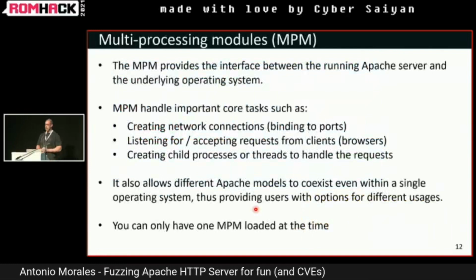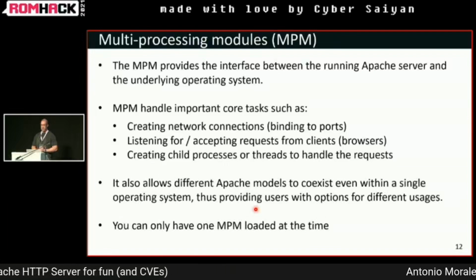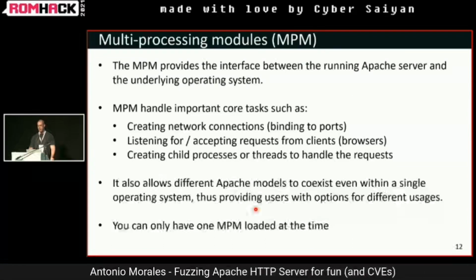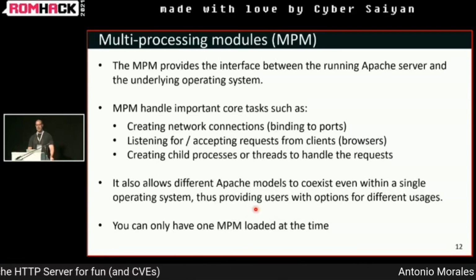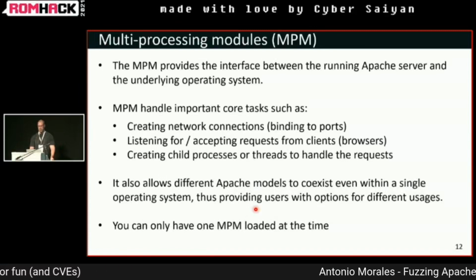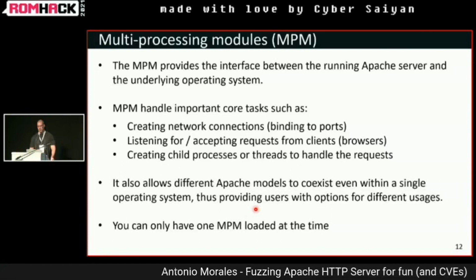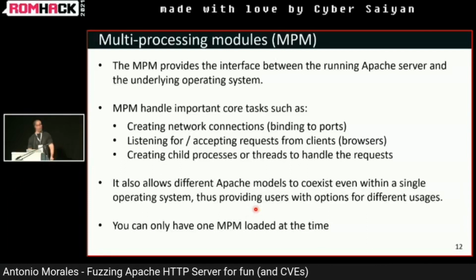A very important type of modules are the MPM modules, the multiprocessing modules. These provide an interface between the Apache server and the operating system syscalls. Among the tasks that the MPM handles, we can find, for example, creating the network connections, listening for requests, and accepting requests from the clients.